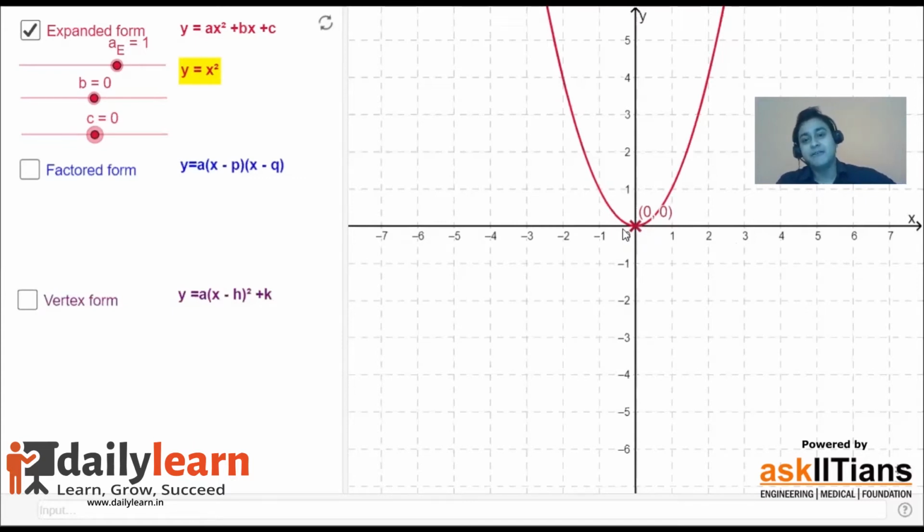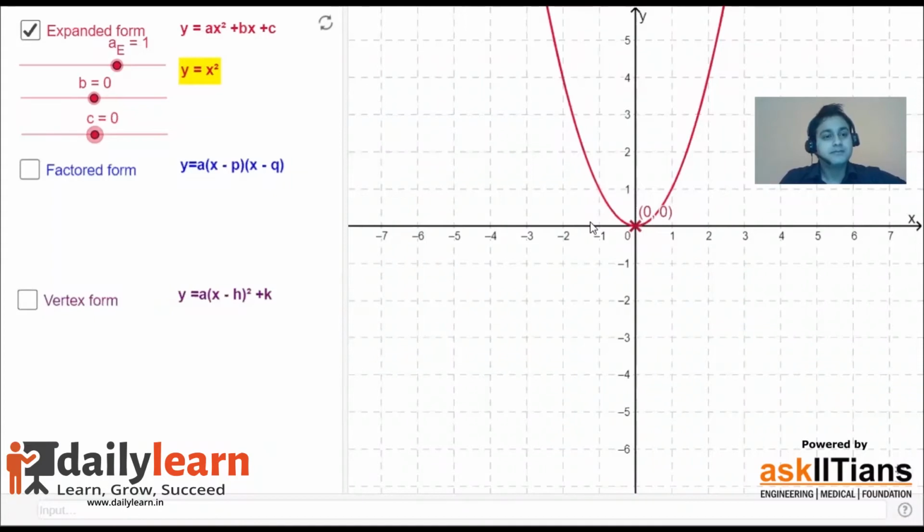Since our a is 1, which is greater than 0, this parabola will always be upward facing. As it is an upward facing parabola, wherever it cuts the x-axis will be the zero or the root of the quadratic equation.